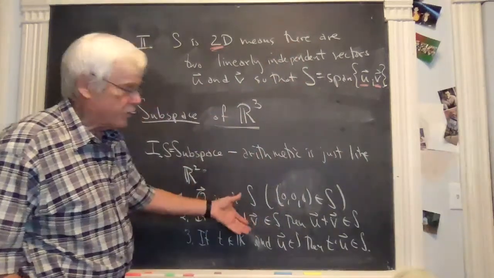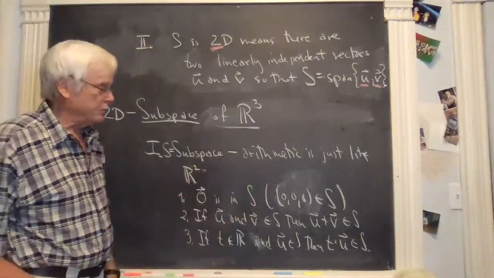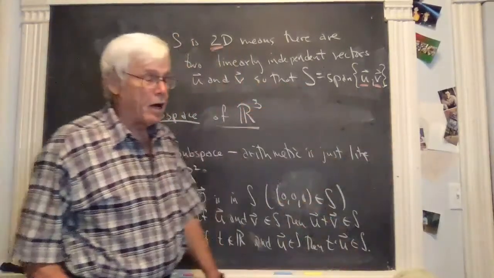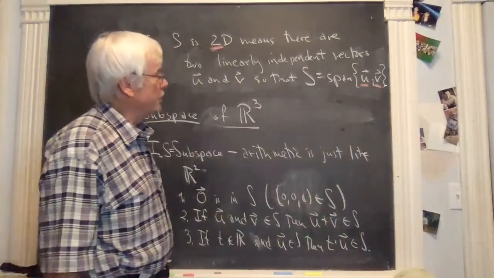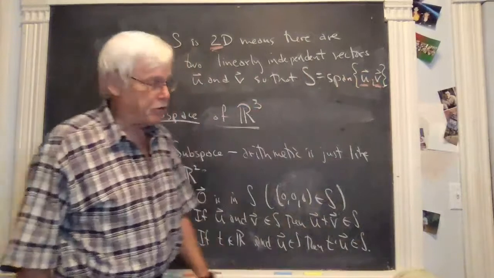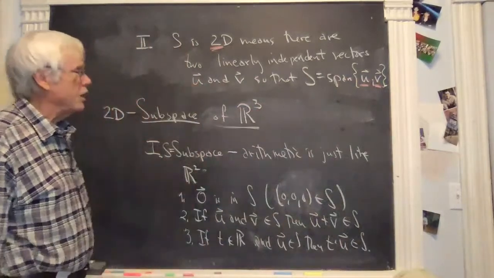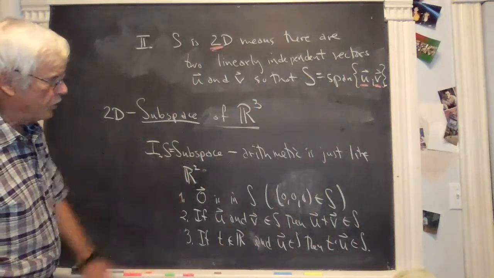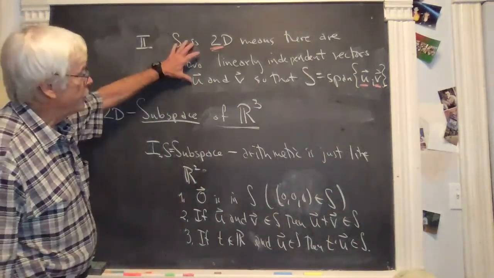Subspaces are the things that are spans of other things. And if it's 2-dimensional, then it's a span of 2 linearly independent objects. If it's 3D, it'll be the span of 3 linearly independent objects, and so on. So it's nice to think of these together. But this is the definition of subspace down here. And actually, this is the definition of 2D.